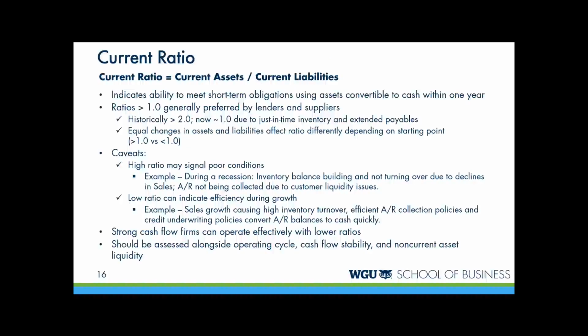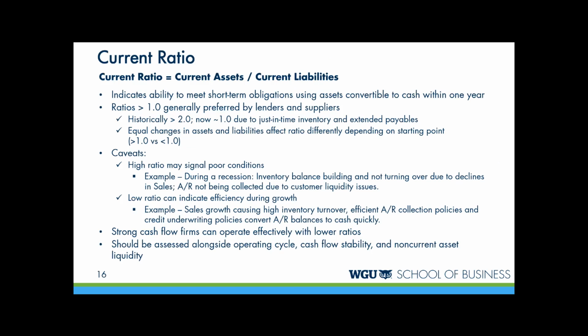Okay, so we talked about historically the value of 2 or greater being good. The other thing to consider is that when we have equal changes to assets and liabilities, it's going to impact the overall value of our current ratio, depending on whether the base value was less than 1 or greater than 1. Equal changes in the numerator and the denominator are not going to have the same impact on the overall value of the ratio.